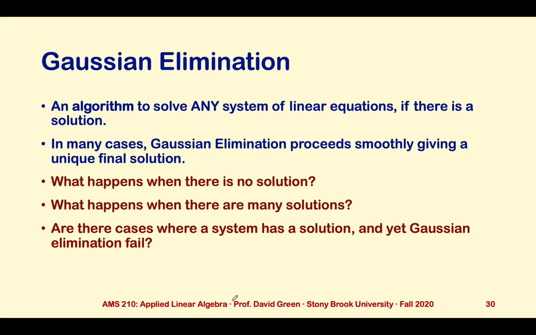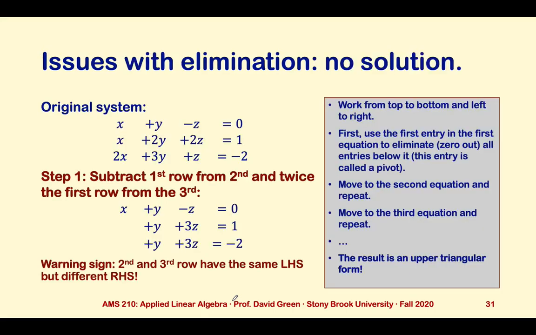Are there cases where there is a solution but Gaussian elimination may give failure or a hiccup? Let's explore some of the things that can happen to potentially interfere. And what we'll actually find is that there are workarounds for all of these.